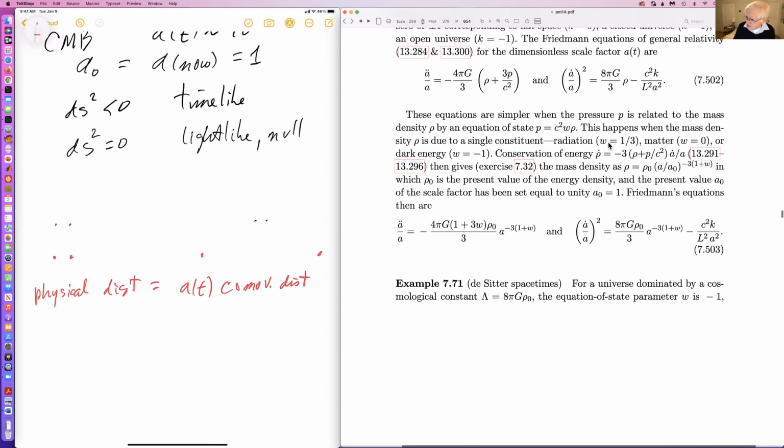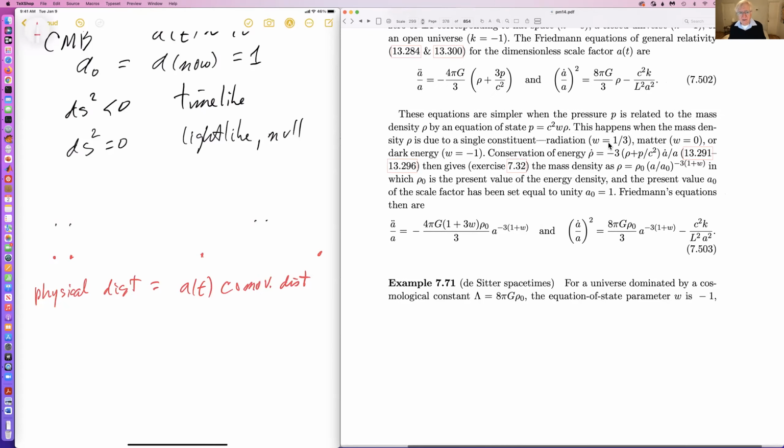You can calculate it's 1/3, but again, even that's an approximation, because it's exactly 1/3 only if we just have photons and other massless particles. But if we have particles of all kinds of different masses and different energies forming the radiation, then W is not really 1/3.